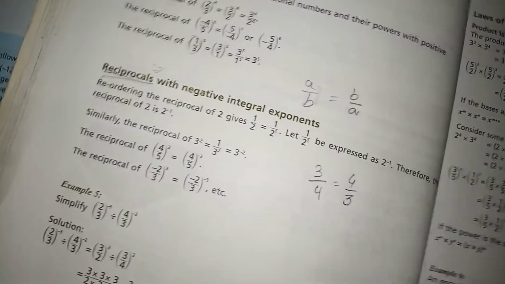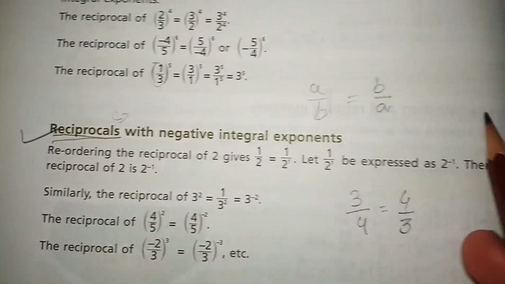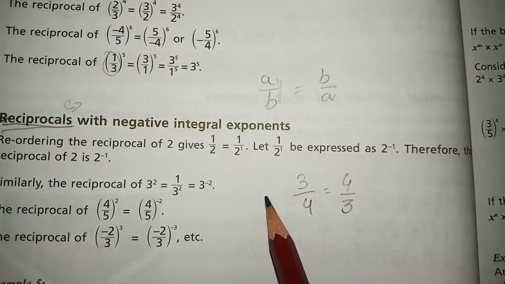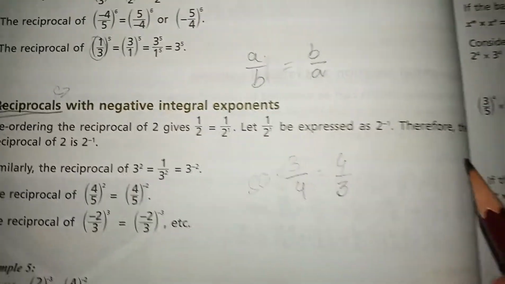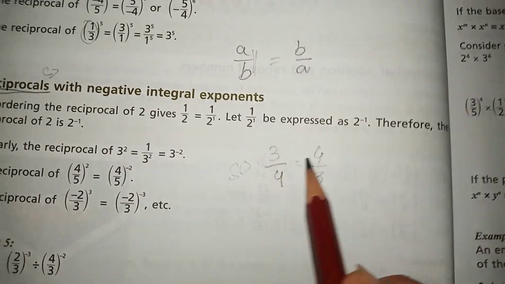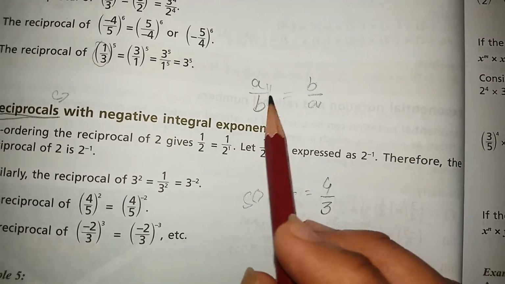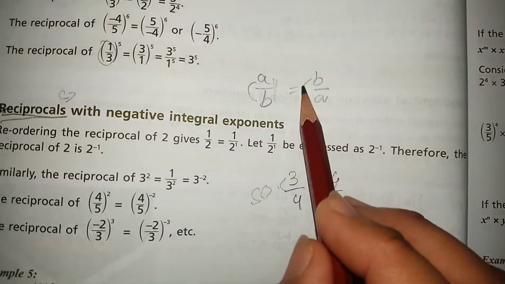Now another thing that you have to remember, that is what a reciprocal is. Reciprocal means to reverse the notation. For example, if you are given a fraction a over b and asked to find its reciprocal, you can write it as b over a.